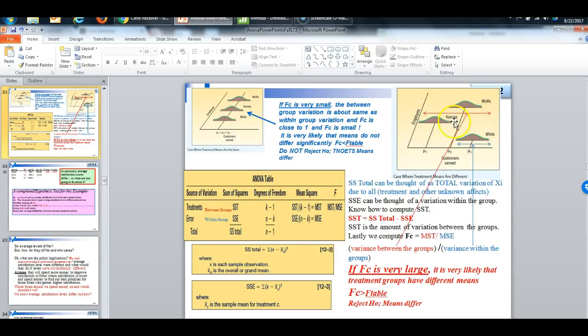If the variance between groups is very large, then your F computed is going to be large, and you reject H naught and conclude significantly that the means differ. If the variance between groups is much larger, then you can conclude, yes, the means differ. And so there's my F computed.